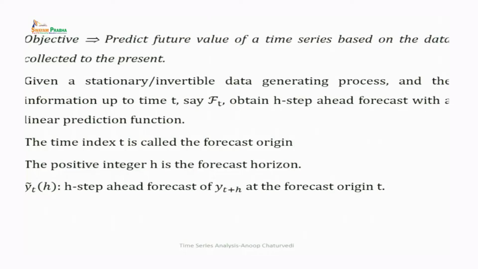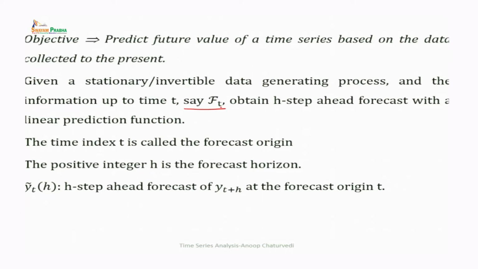So, basically you want to predict the future value of the time series. You have the information up to the current time, and by utilizing that information you want to predict the future value. Given a stationary or invertible data generating process and the information up to time t, say F_t, you have the information up to time t.